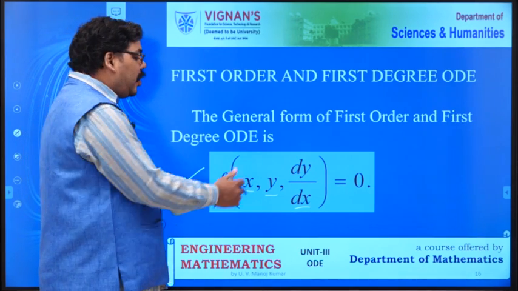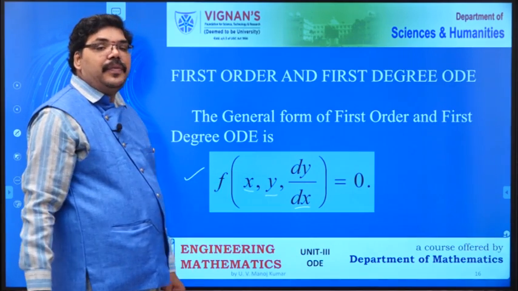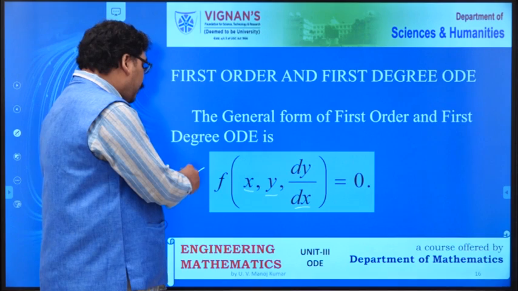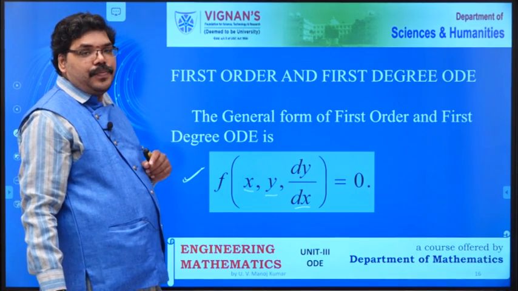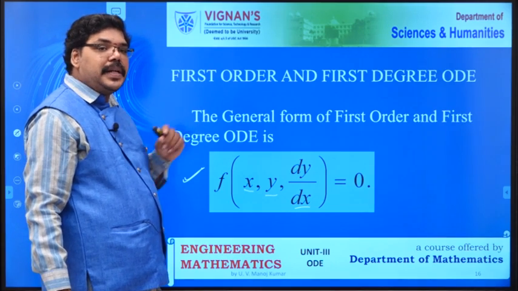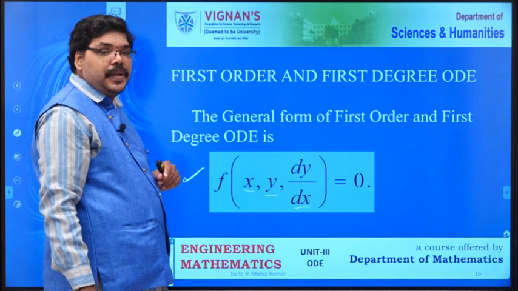So an expression involving the first order derivative and the dependent and independent variables is in this form. Not only this, we also require first degree. So there should not be any powers of dy by dx.